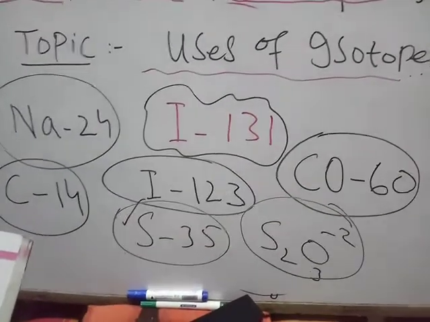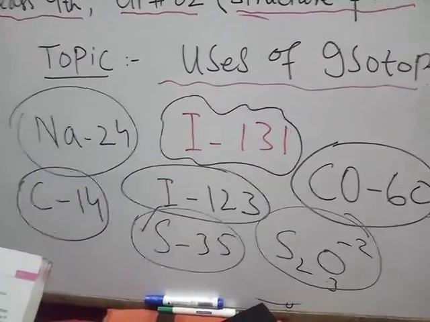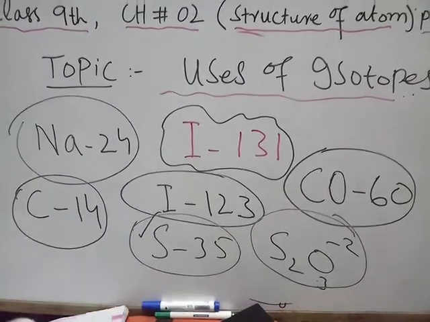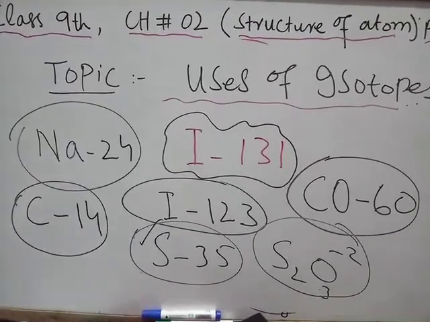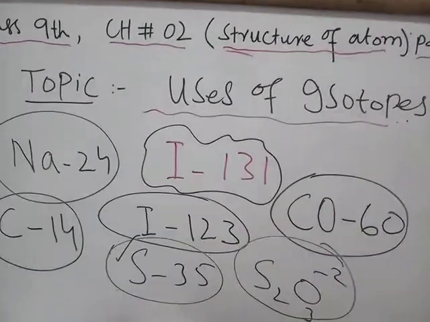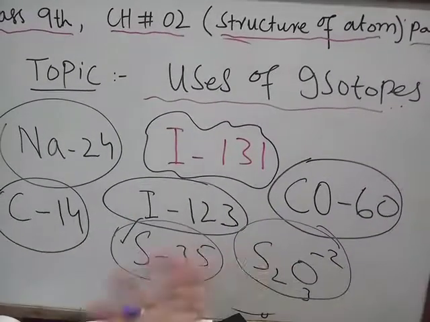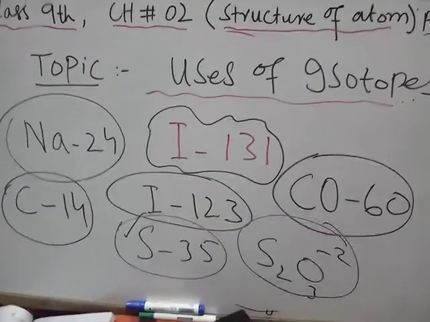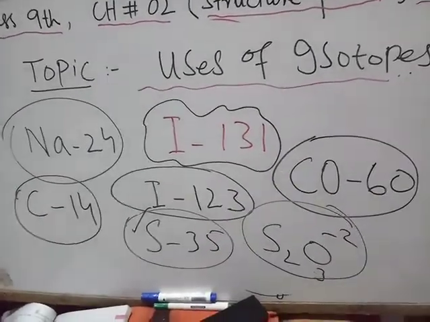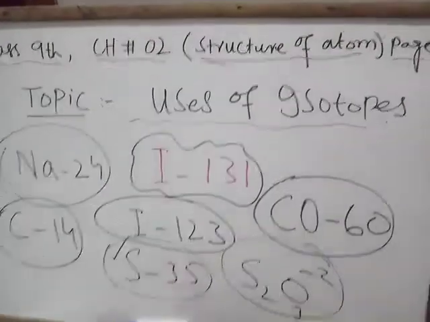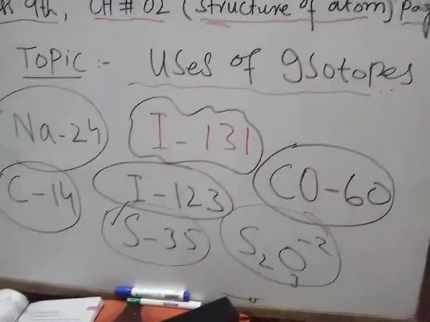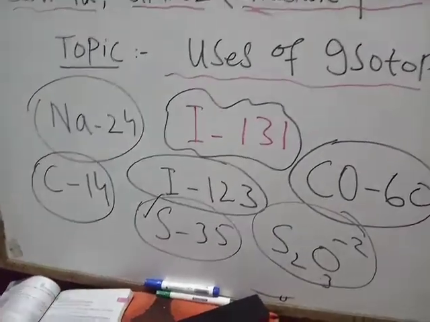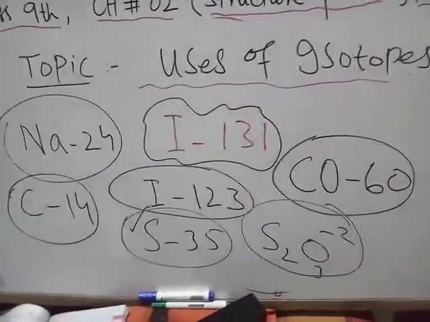Similarly, radioactive isotopes are also used to study the mechanism of chemical reactions. Mechanism is actually the detailed pathway of a chemical reaction. For example, in a chemical reaction, we just say that reactants are converted into products. But in how many steps, which bonds are broken, which bonds are formed, and what is the sequence of their breakage and formation, the whole scheme is called mechanism.